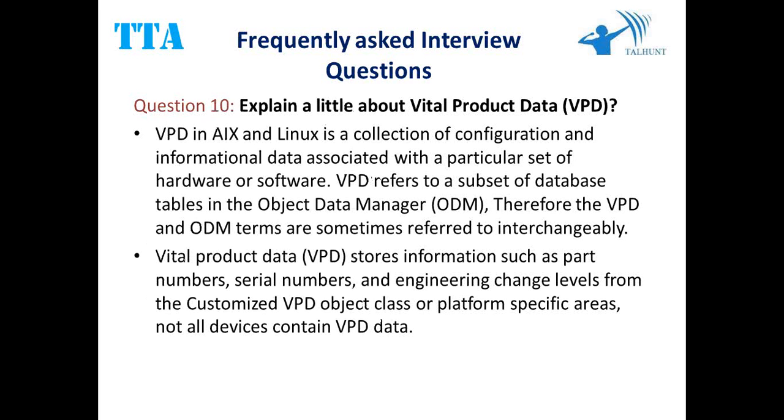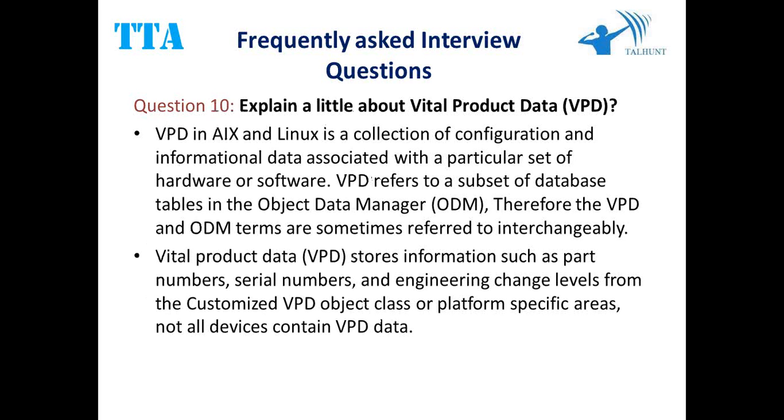The next one is what information is stored inside VPD. Normally the part numbers, like what hardware you have, their model numbers and other information, their serial numbers, and the change levels, like from what TLs or what software levels, and the object class and platform specific information are also stored inside the VPD.